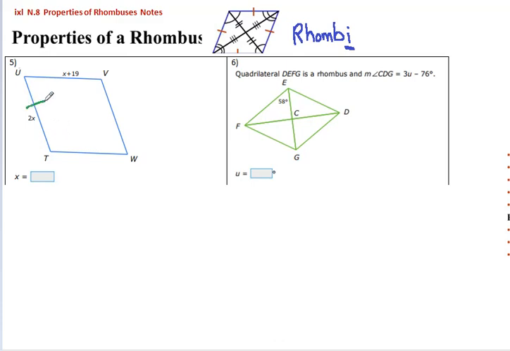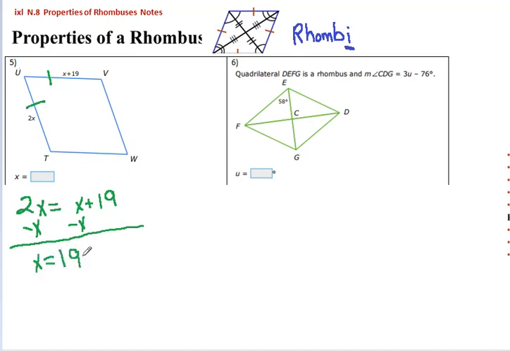So if this side is congruent with this side, then 2x equals x plus 19. If you subtract an x from each side, we've got x equals 19, and that's what we were looking for.